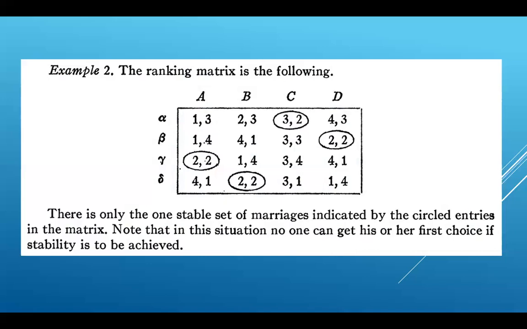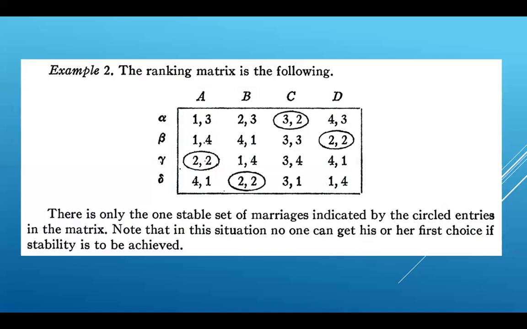So what is delta going to do now? They would propose to B, right? Because they had their first choice rejected, now they go to their second choice, which is B. They say, okay, I'm going to propose to B. Now, who was B currently holding an engagement to? Wasn't that gamma?